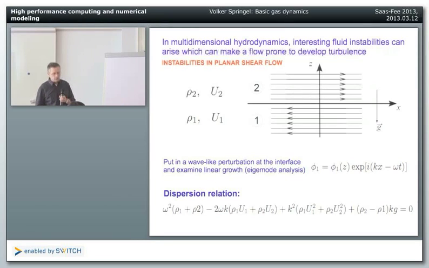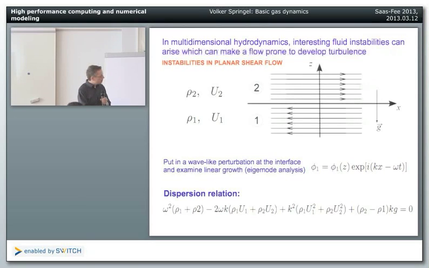What does that tell you now? Well, it tells you basically how the frequency and the wavelength of these waves are related. And for normal traveling waves, this omega would be a real number. But what if the solution of this equation is imaginary, particularly if it has a positive imaginary part?